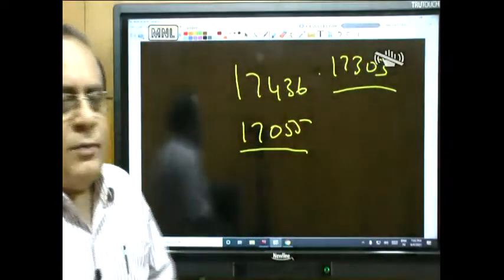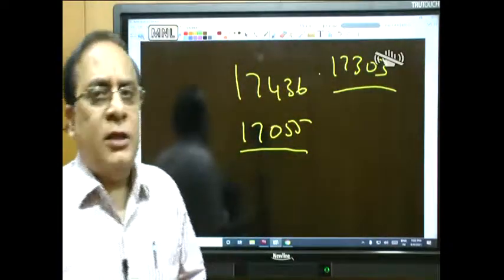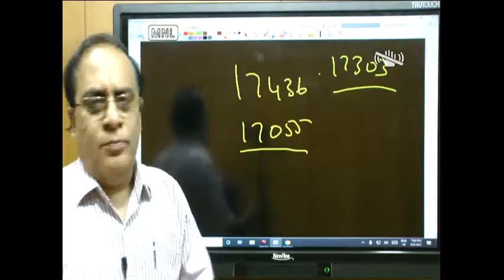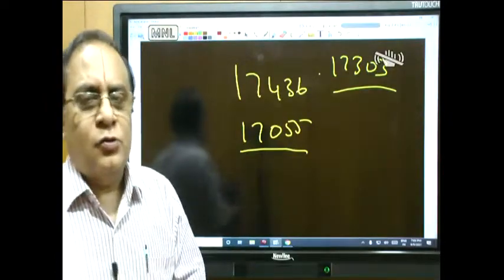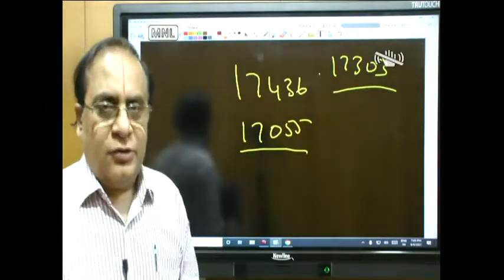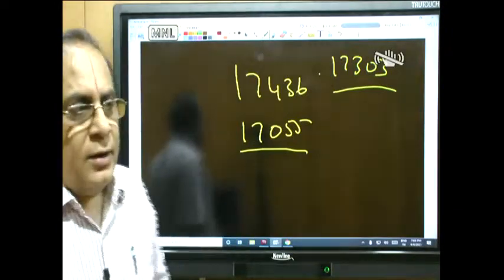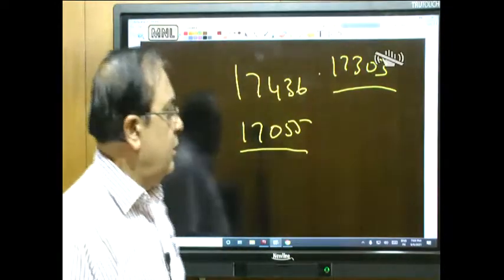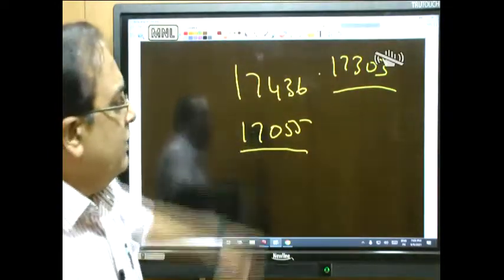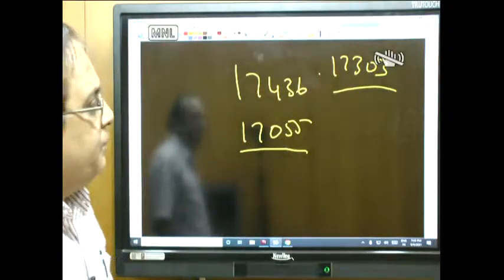See, the Fibonacci can be applied in whichever manner you want, from whichever high low position. There is no hard and fast rule that it should be used only like this. It is a comfort, depending on which one you want to use. Now the 17,436 and 17,055.